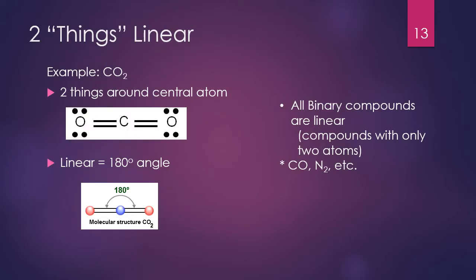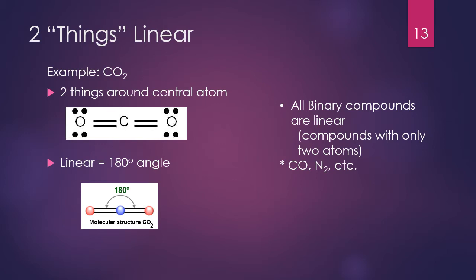So let's start with the first category. If there are 2 things, it's going to be linear. What do I mean by things? That's how many atoms or how many lone pairs are on the central atom. An example would be carbon dioxide. Notice carbon is the central atom. It is bonded to 2 oxygens, both with double bonds.